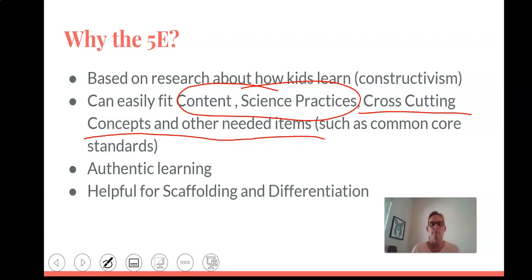For example, we're a Common Core state, so things that my administration wants me to weave into my science curriculum, I can weave into 5Es in an authentic and meaningful manner. 5E creates authentic learning. It's helpful for scaffolding and differentiation, and you can see that in some of the 5Es that I've built.